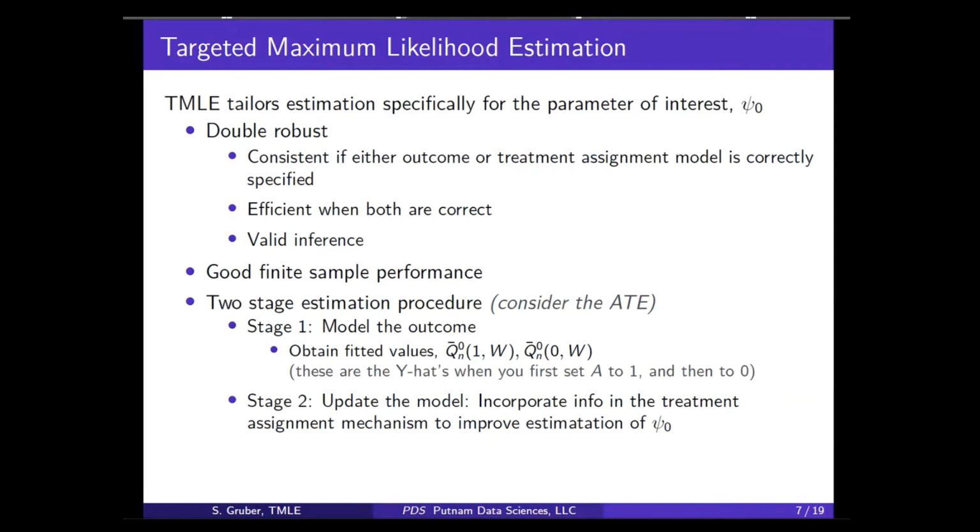So in contrast, if you're going to use some outcome regression model, like a logistic regression model, you actually have to get the model right in order to estimate the parameter consistently. And consistently means that as you get more sample size, the estimate goes towards the truth. And if you're using something like an IPTW estimator, you have to get that propensity score right. That's what the treatment assignment model is.